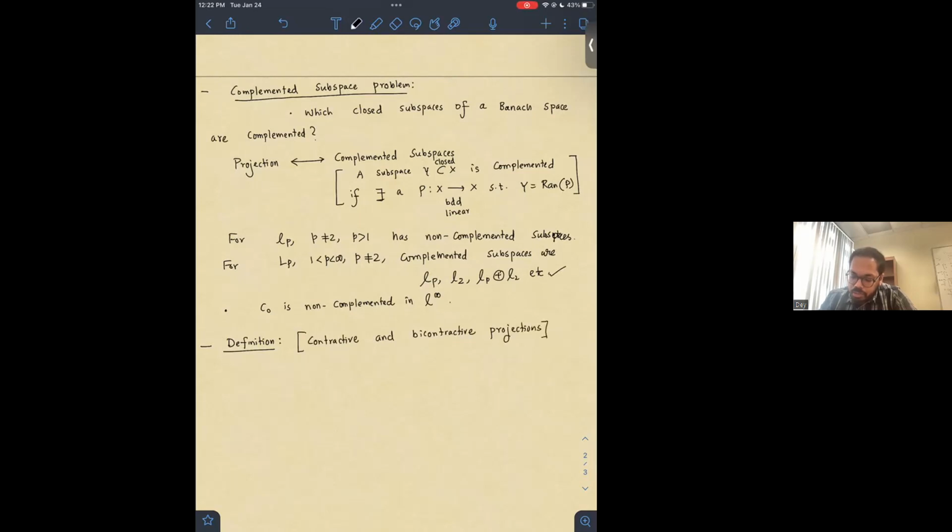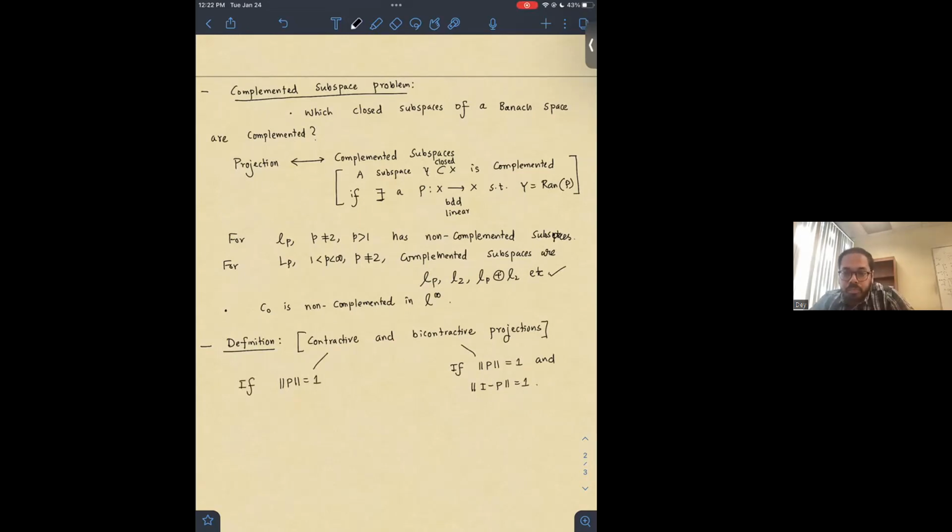A projection P is called contractive if the norm of P is equal to 1. It's called bi-contractive if the norm of P is equal to 1, and the complementary projection also has norm 1.